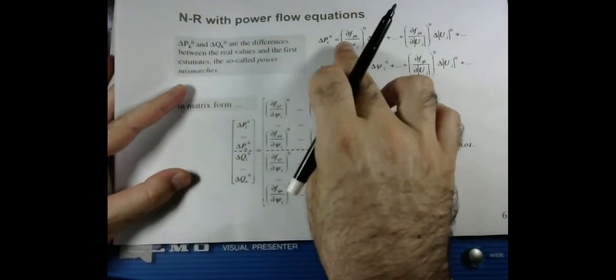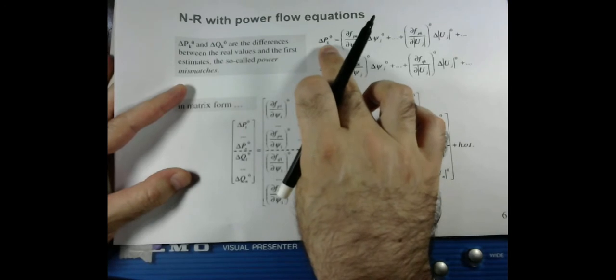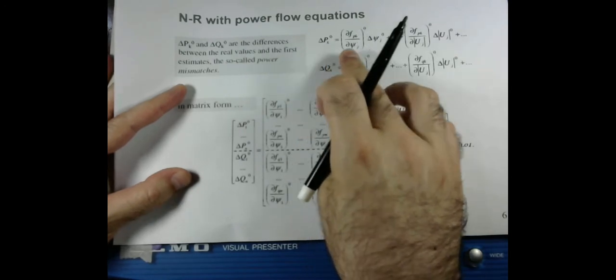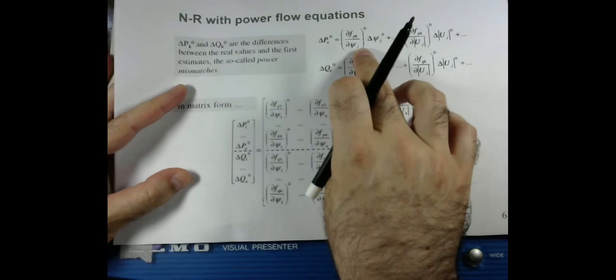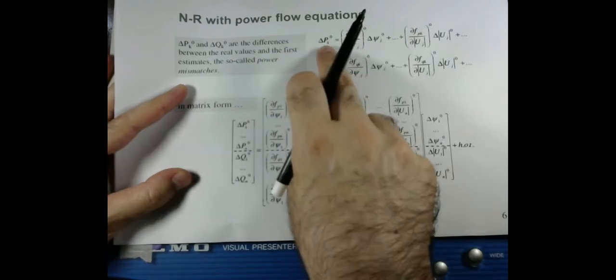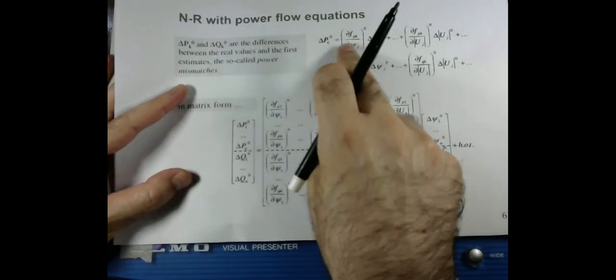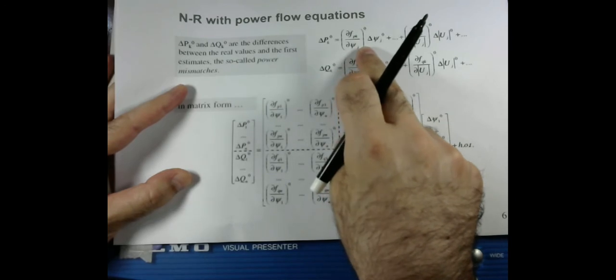Now we can write, because we know K can be any bus, and similarly J can be any value. So let's start with K equal to 1, and we know that for any value of K, J may vary from 1 to n.